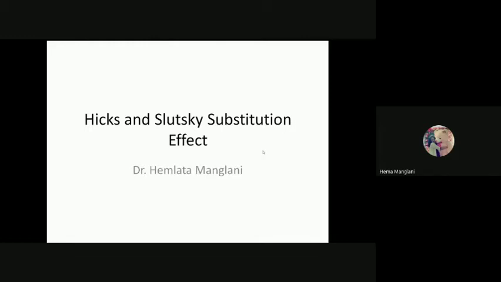Then Slutsky is also talking about a substitution effect in the same way, but the difference between Hicks and Slutsky is, for Hicks you are remaining on the same utility curve, but for Slutsky you are actually shifting to the higher utility curve or the higher indifference curve. So in Slutsky your utility would not remain constant, though in Hicksian analysis your utility would remain constant.